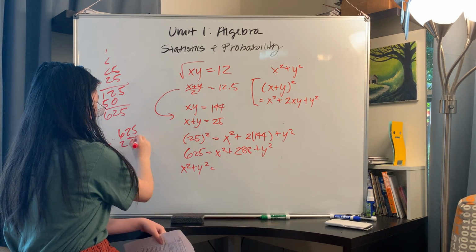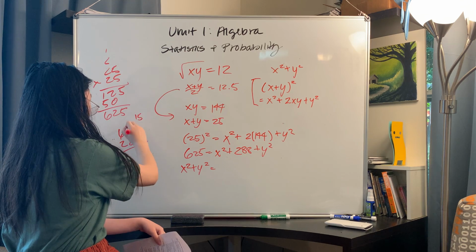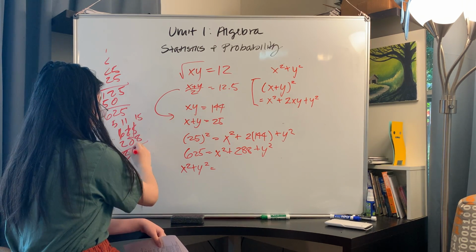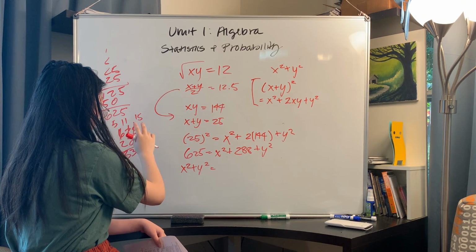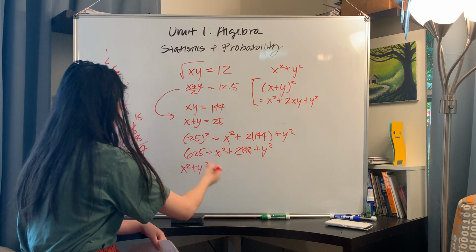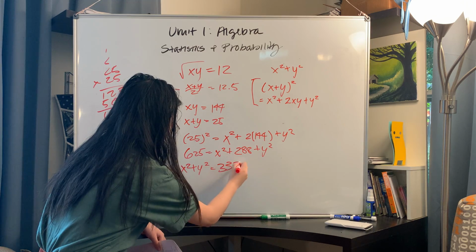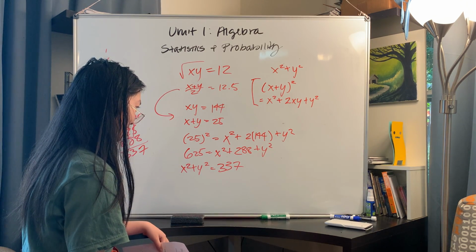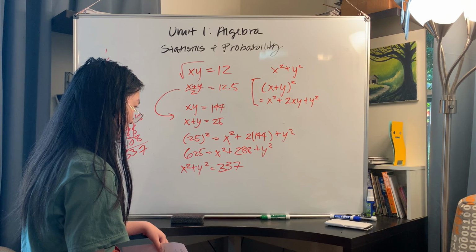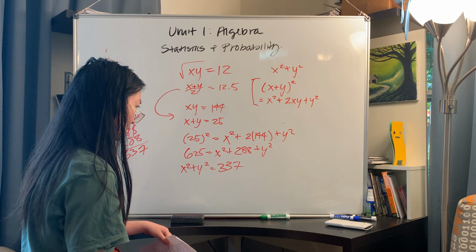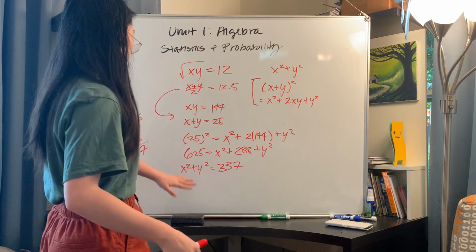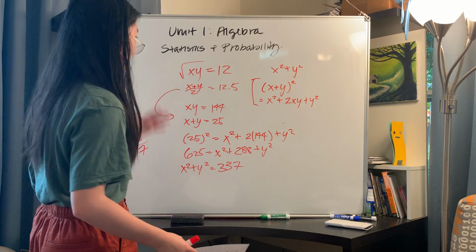It's 337. So x² + y² is equal to 337. I was just verifying my work. Right, so x² + y² is equal to 337 in this problem.